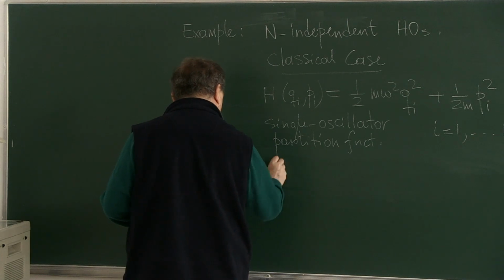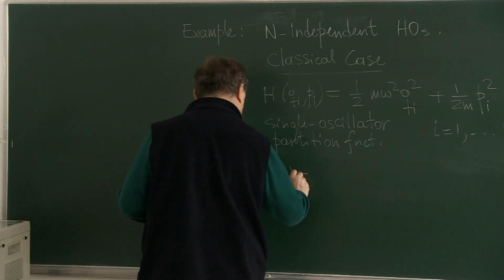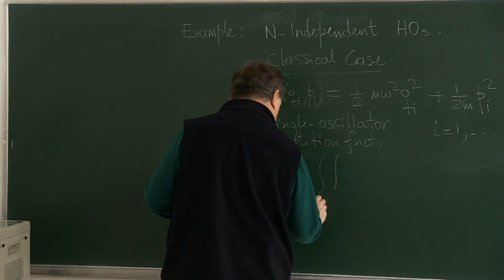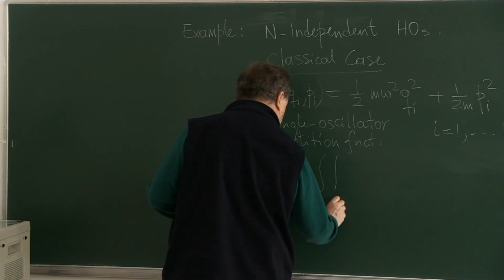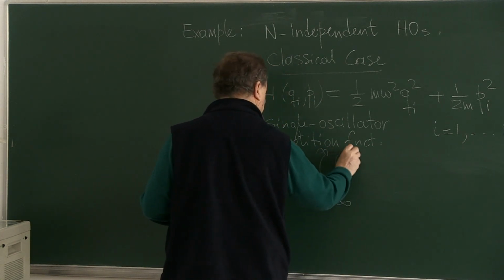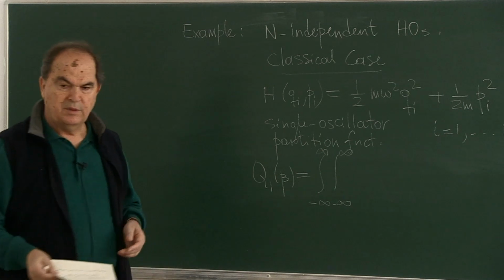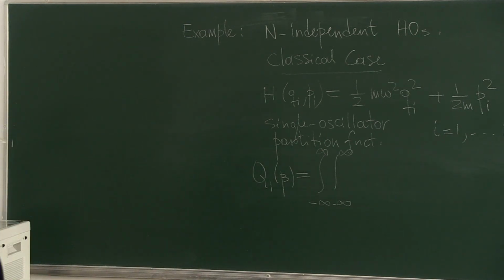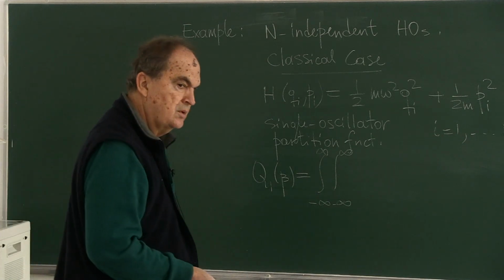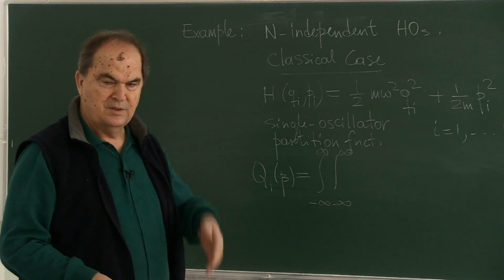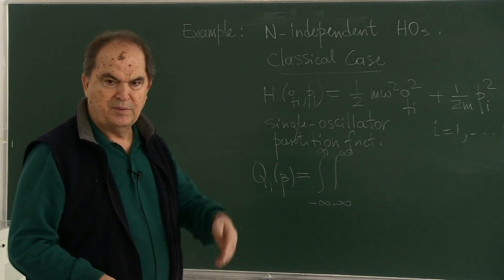That would be, well, since we now have q and p, a double integral from minus infinity to plus infinity. So that means I'm doing this in 1 dimension, if you like. 3 dimensions is just going to be multiplied by 3.